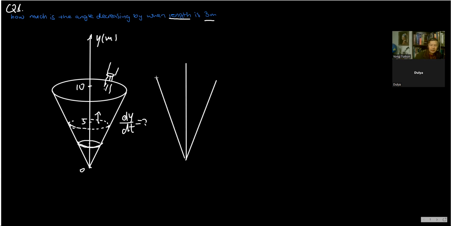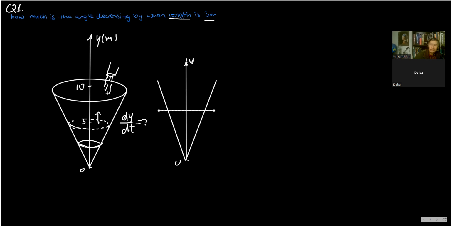Can we find the volume formula first? If this is y, and this is 0, this is the cross-section, at any y. How can we work out this volume first?